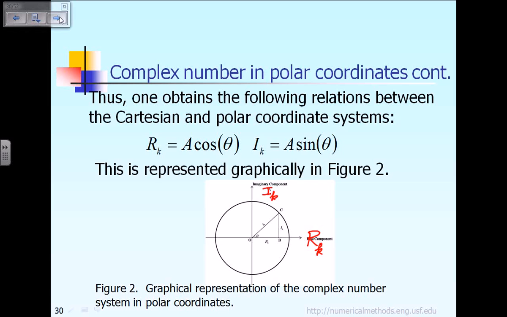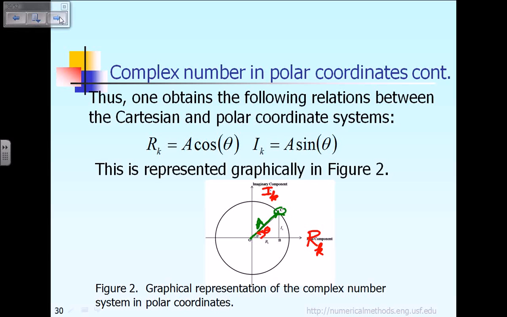So any complex number c or c tilde can be represented by the amplitude A, which is like the radius of this circle, and also expressed by the phase angle theta. That angle right there is theta. So in polar coordinate, the complex number c can be expressed in terms of the amplitude A, which is the radius in this case, and the phase angle theta.